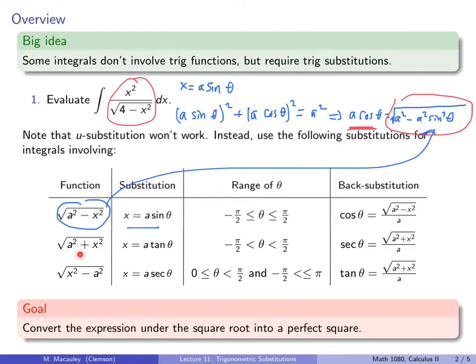And what's going to make these work is the fact that there's a similar identity involving secant and tangent, which honestly, I don't remember. I have to rederive it every time. So let me show you. What's behind everything here is the fact that sine squared of theta plus cosine squared of theta equals 1. Again, that's something you should have memorized.